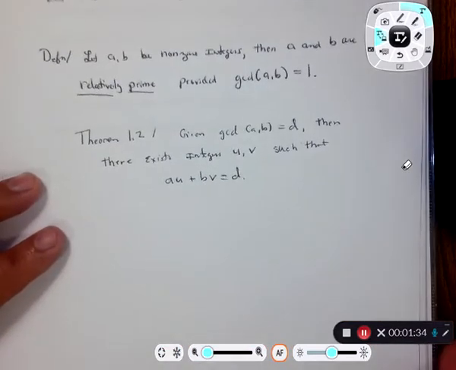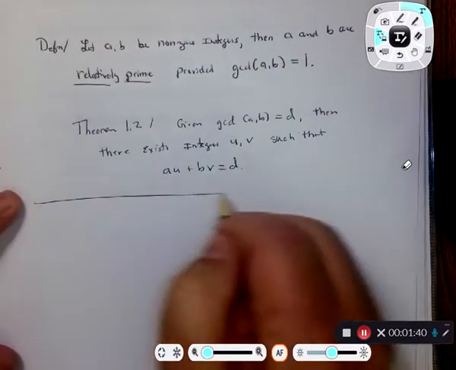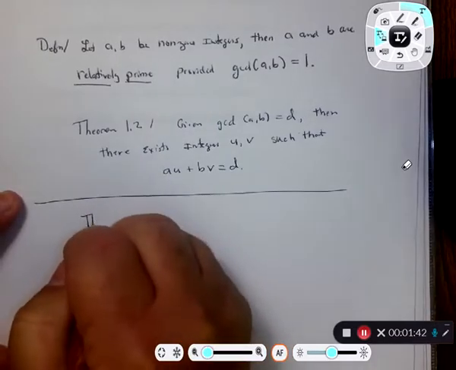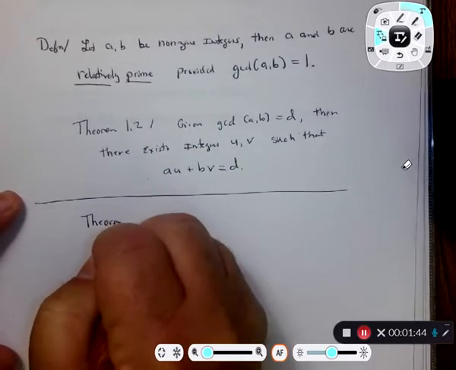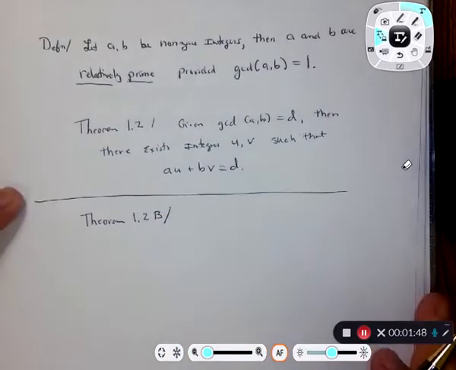Now, I'm going to kind of quote my own little theorem here using if they were relatively prime. I'm going to call this guy Theorem 1.2b.